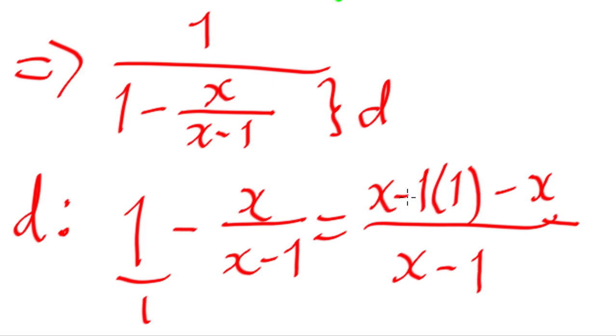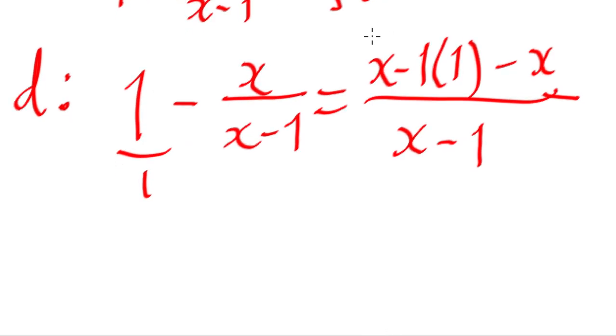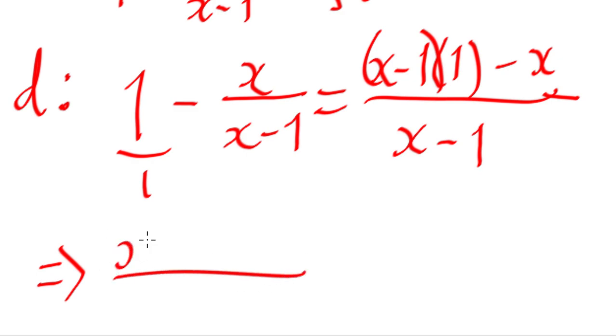So if we want to simplify this, this will give us x minus 1 minus x all over x minus 1.